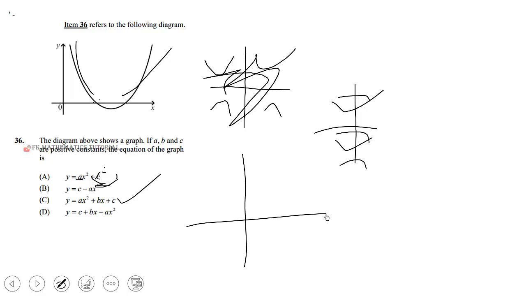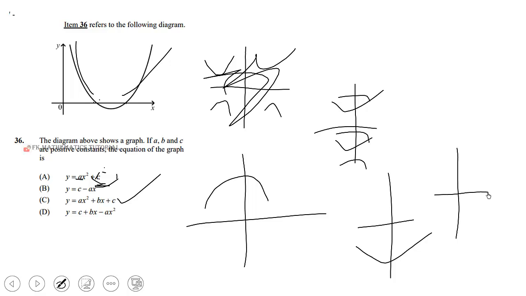Let me draw it well. So it will go like this, or another one will go like this, or another one will go like this. So that will be for the A, but you don't have anything like that. So the correct answer is option C.